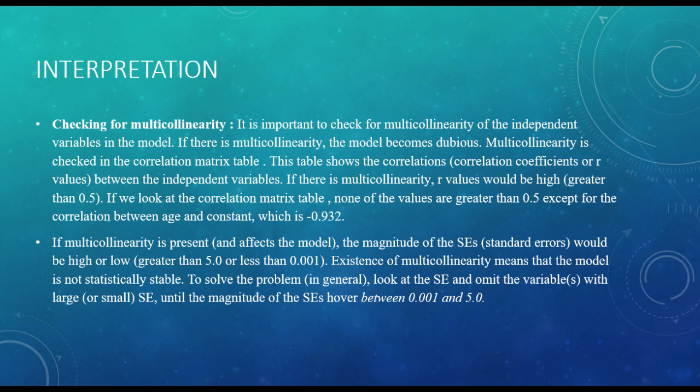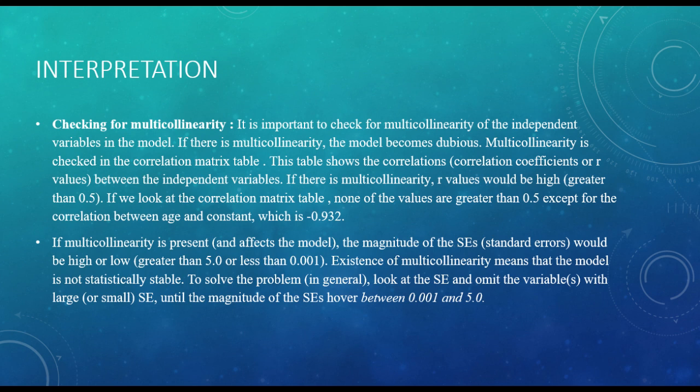If we look at the correlation matrix table, none of the values are greater than 0.5 except for the correlation between age and constant, which is negative 0.932. If multicollinearity is present and affects the model, the magnitude of the SEs, standard errors, would be high or low, greater than 5.0 or less than 0.001.